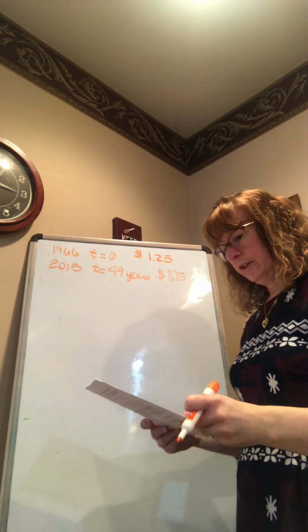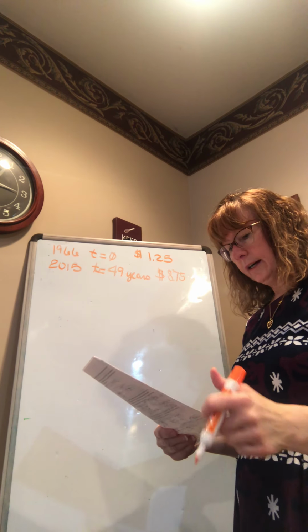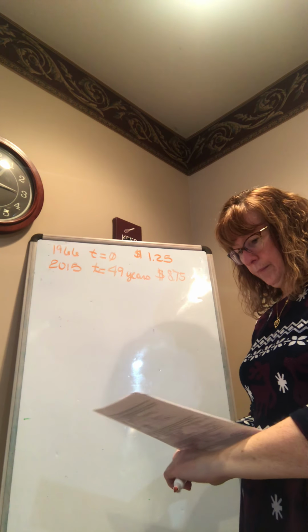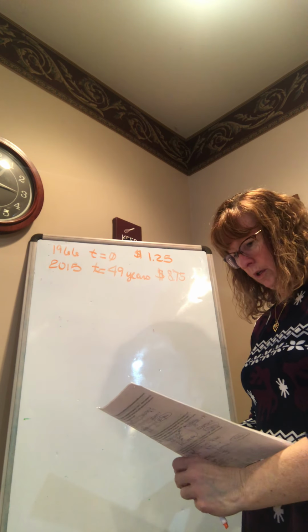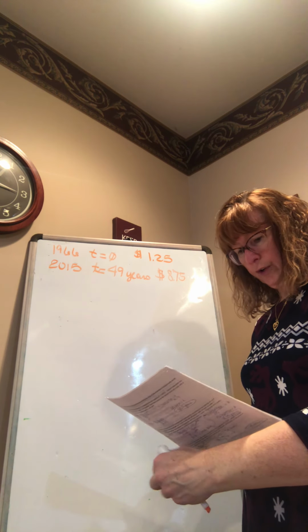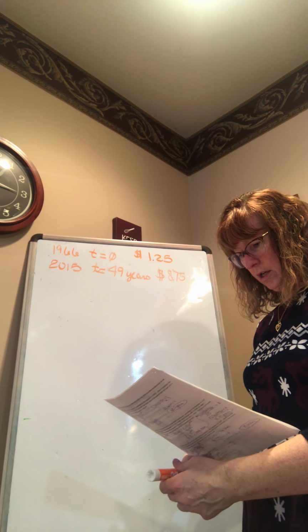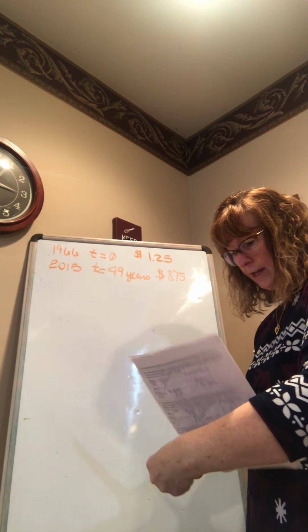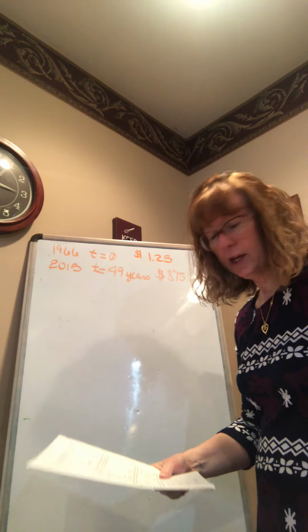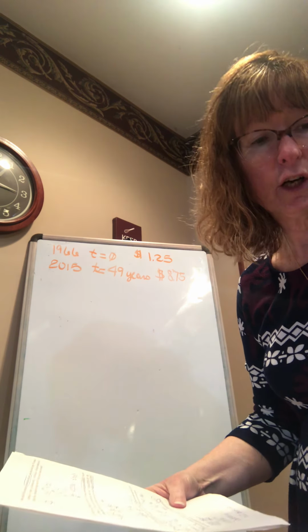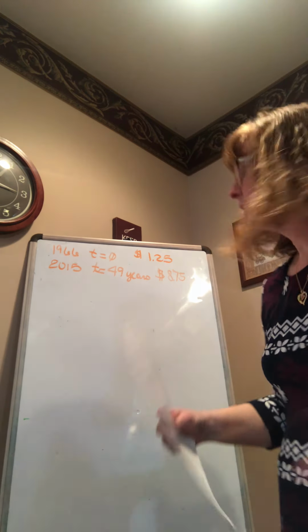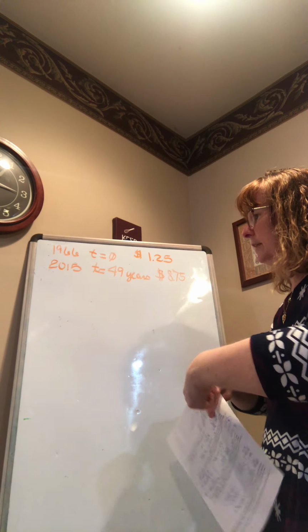So, according to this problem, they want us to just figure out the percent. They don't give us any kind of information about continuous compounding. So when that happens, we have to go with yearly. So we're going to have to assume yearly.